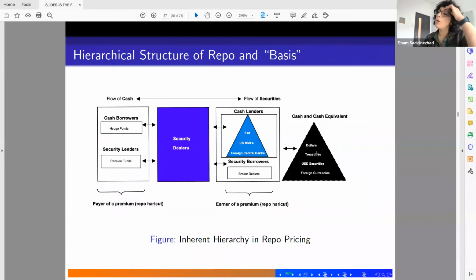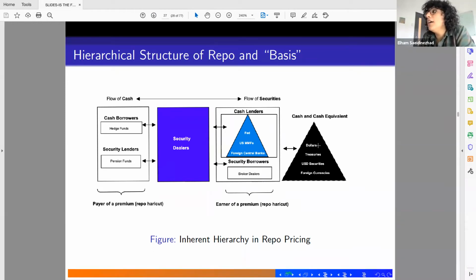So here I want us to look at this structure. This black diagram shows the hierarchy of currency and financial instrument. At the very top of the hierarchy, we have the US dollar.